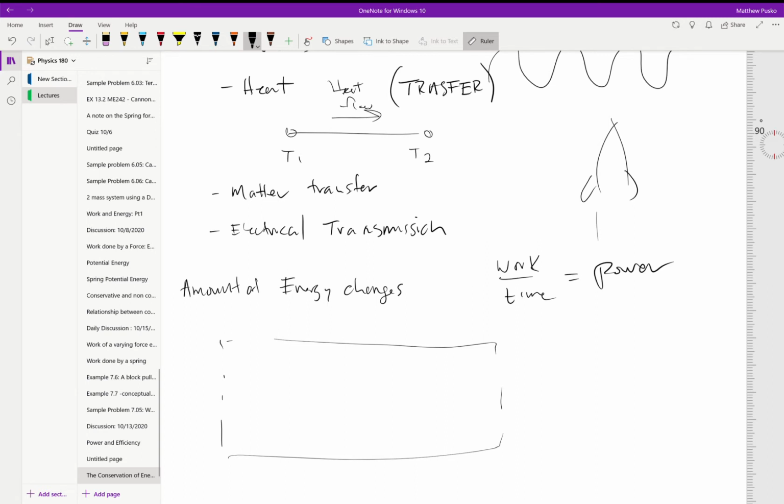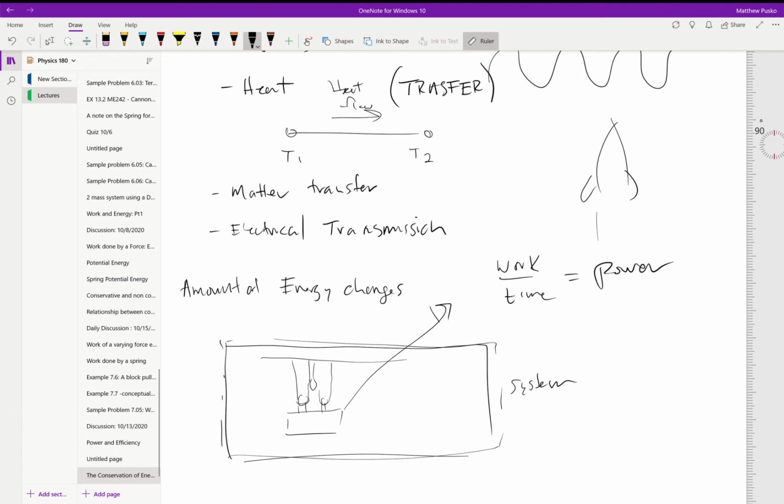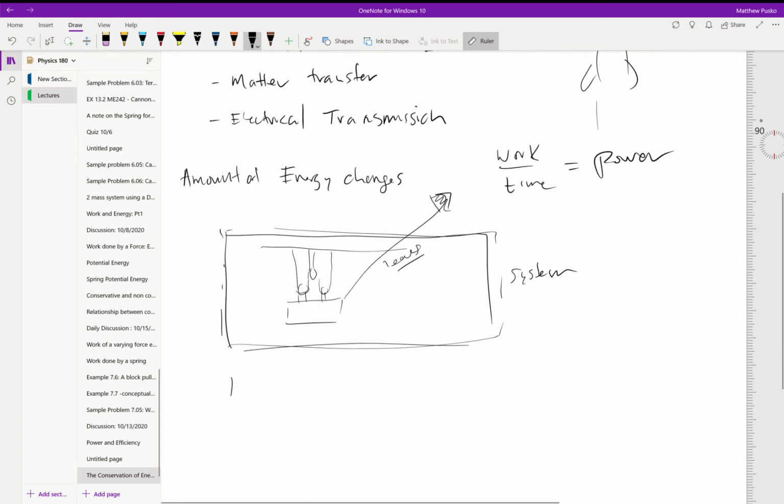So we could have some crazy contraption where we have a pulley system or something. But we get to draw a box around this thing, and we call that our system. And as long as no energy leaves, so as long as no heat goes anywhere else, or sound or light, we don't lose any matter, anything like that. As long as none of it actually leaves the system, we can say that energy is conserved.